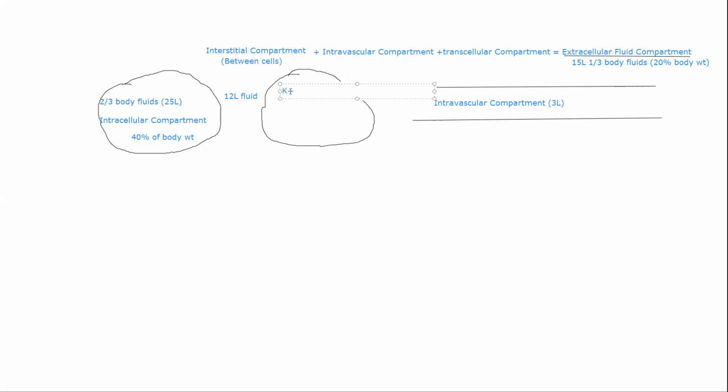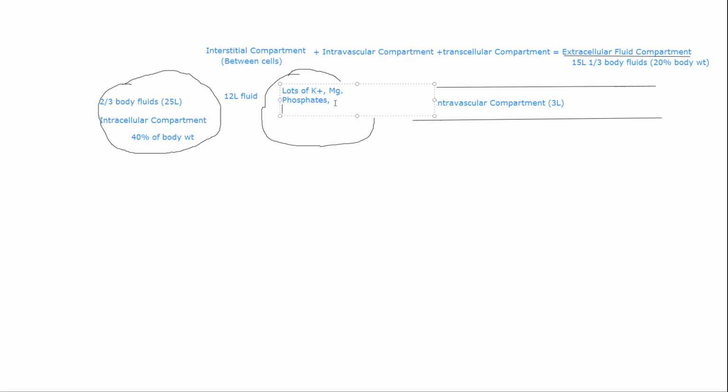We're going to have a lot of potassium. Lots of potassium. We have lots of magnesium. We have lots of phosphates. And we have lots of protein.